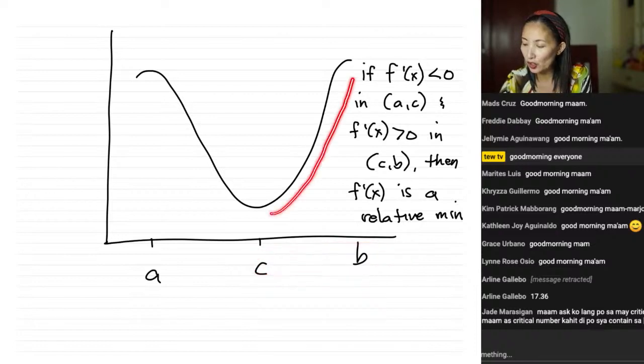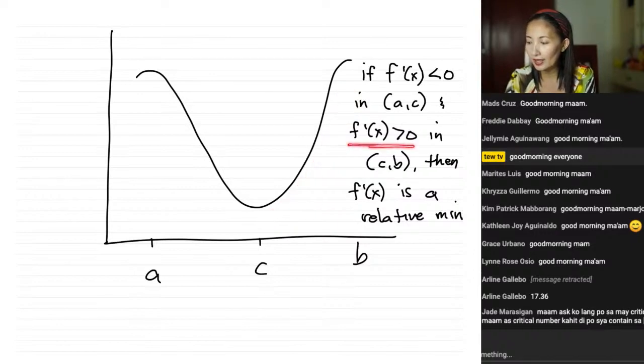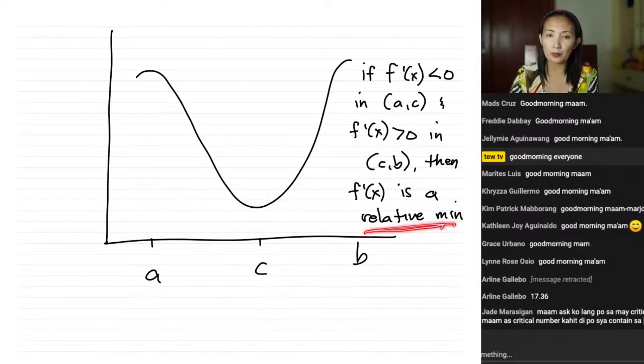The function is increasing. So, f prime of x is greater than 0 in CB. Therefore, it is a relative minimum.